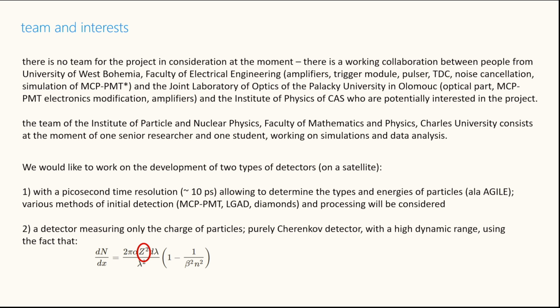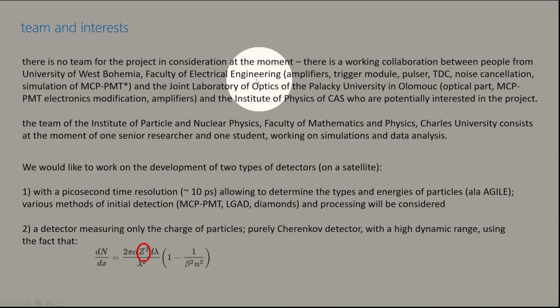When I mention the team, there is actually no real team at the moment. We are people working with ATLAS, people from Olomouc, from Pilsen, and from the Faculty of Mathematics and Physics, Charles University. Here I put the specializations or topics which different teams are working on.